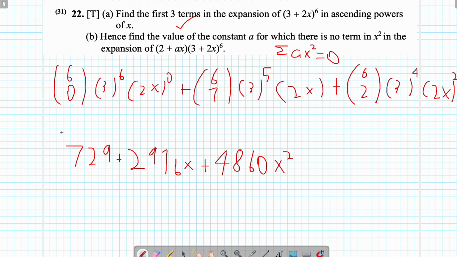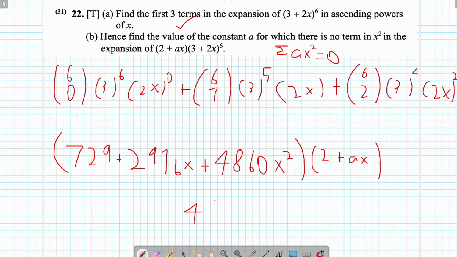And then we're going to need to multiply it by 2 plus ax. So we're going to distribute the 2 into 4860x squared.